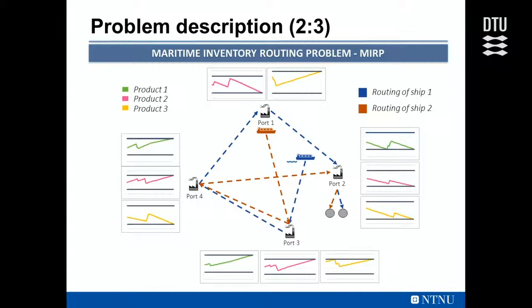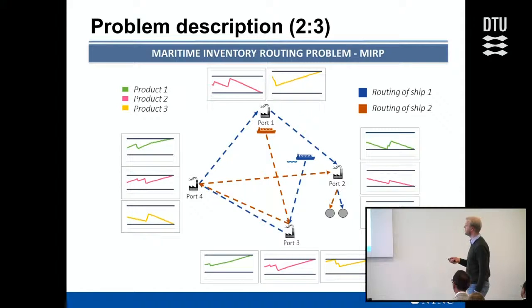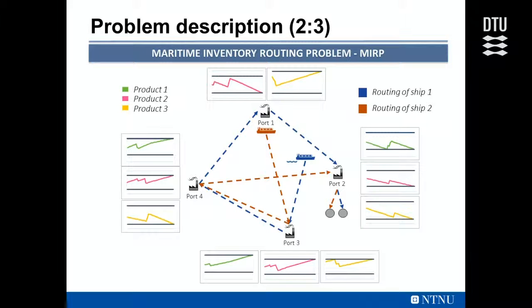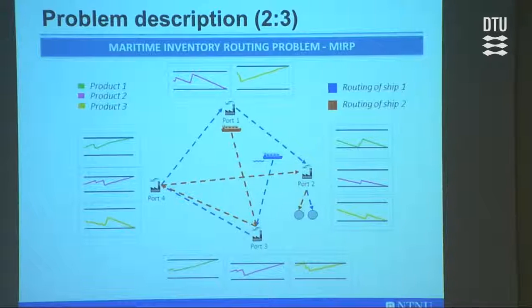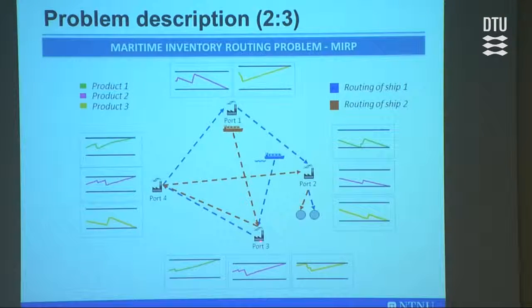So here is a small picture of a solution to the problem. There are 4 ports. We see, for example, here in port 4, there are 3 different products. The green and the pink are produced here. So we see that the production rate makes the inventory level go up. Then, we can say that the blue vessel comes first here.